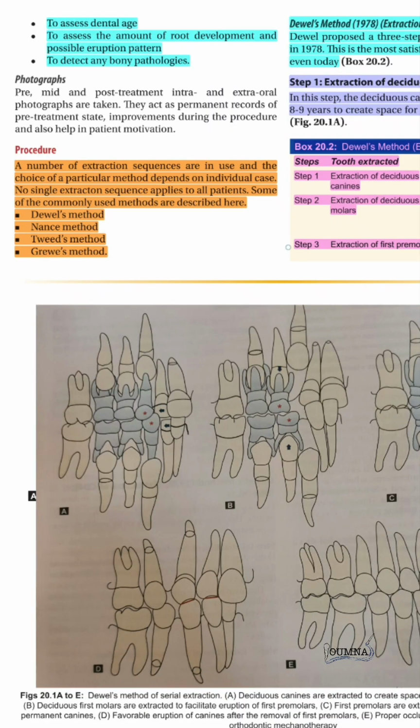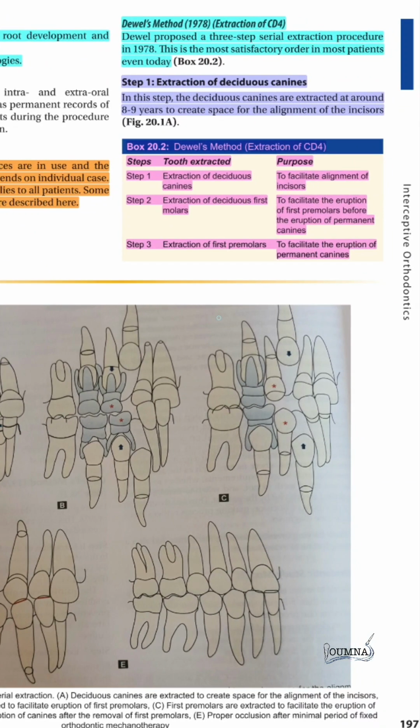How is it performed? There are several ways of serial extraction procedures. We will discuss each of them. First, the Dewey's method is a 3 serial extraction procedure.